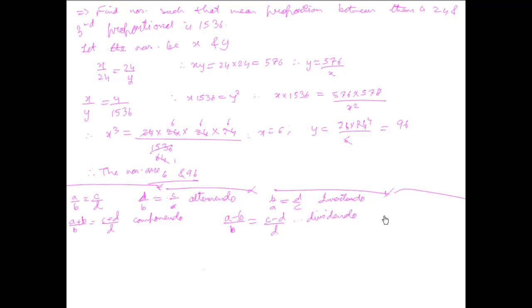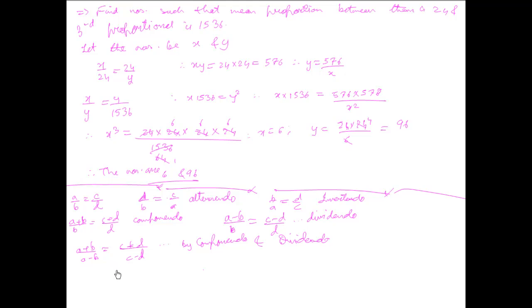And by applying both, that's componendo and dividendo, children, we get a plus b upon a minus b equal to c plus d upon c minus d.